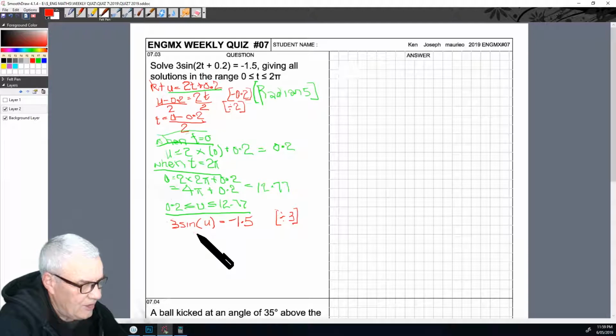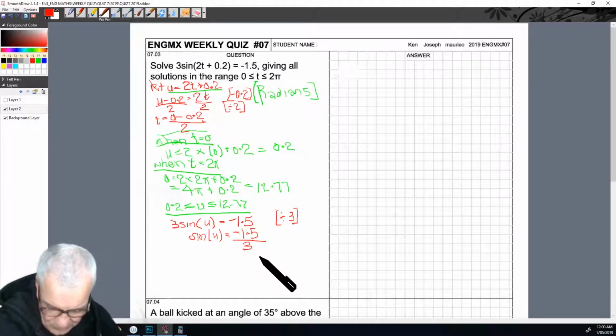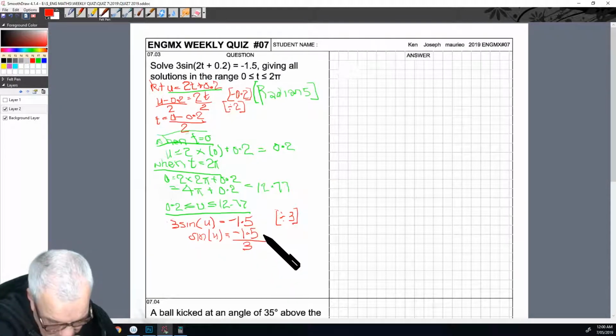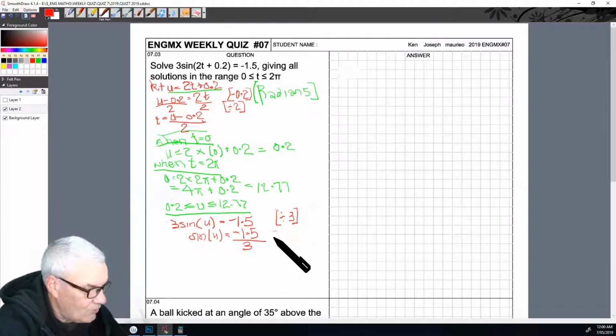And so we get sine u equals negative 1.5 over 3. Negative 1.5 over 3, which equals negative a half.